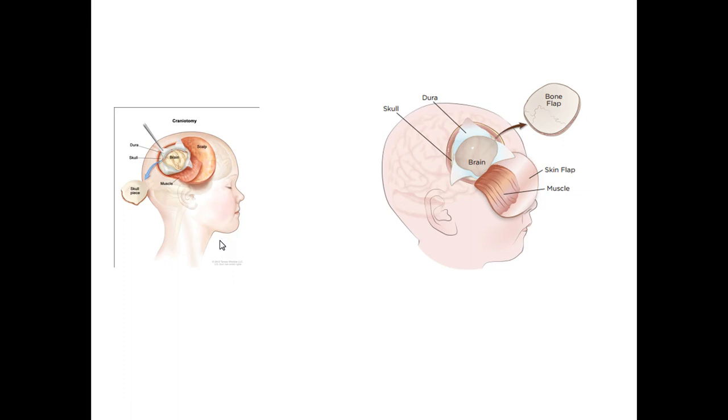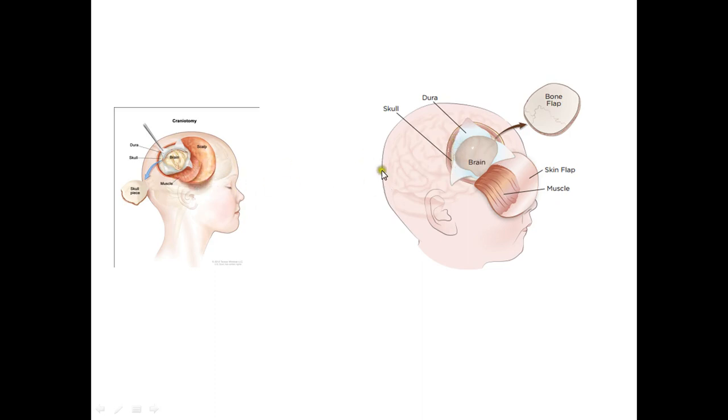Okay, so when we have decided for tumor removal, we go for craniotomy. In the craniotomy, first we give a scalp incision, and that is according to the area where the lesion is lying. The scalp flap is raised, then we make different burr holes in the skull, and the bony flap is raised.